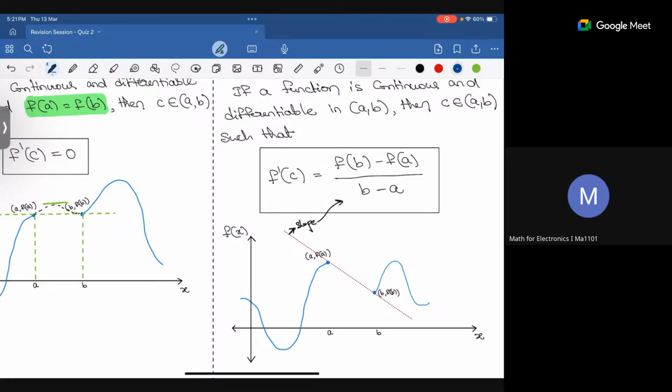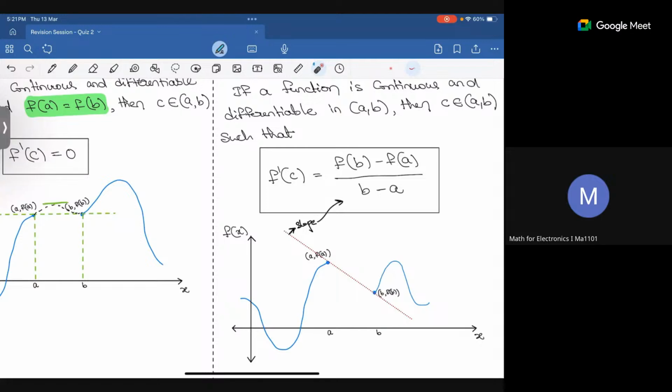Now what does the mean value theorem say? However you connect (a, f(a)) and (b, f(b)), it should be a smooth connection. So it can be like this, like this, like this. It should be very smooth.